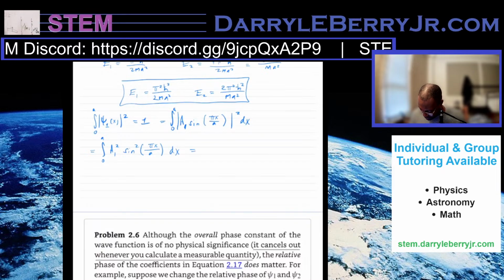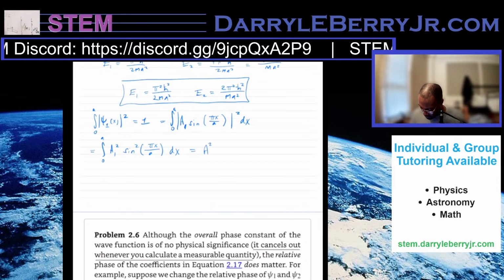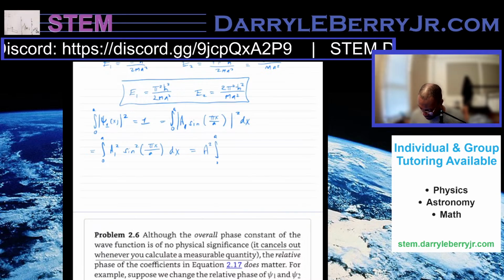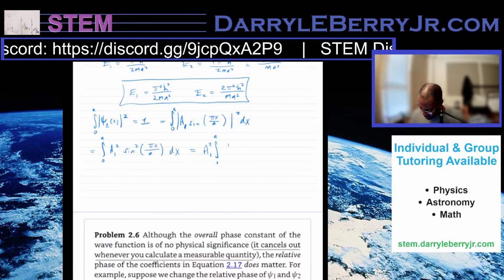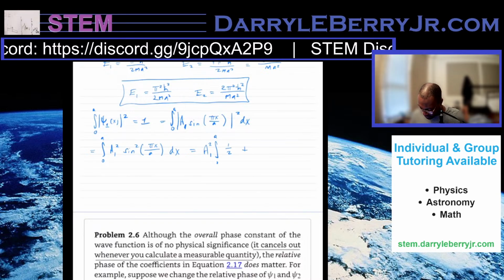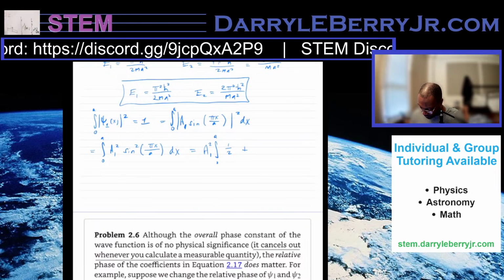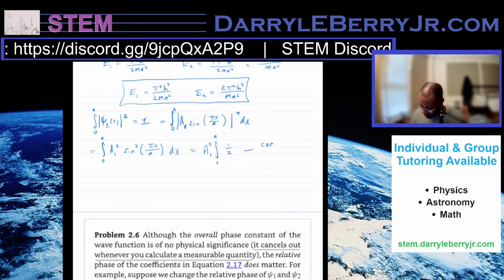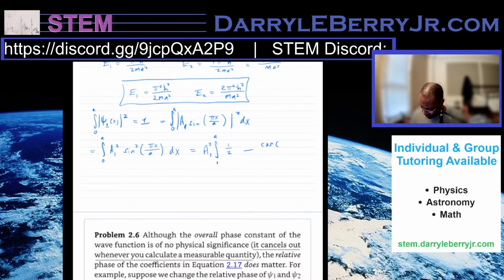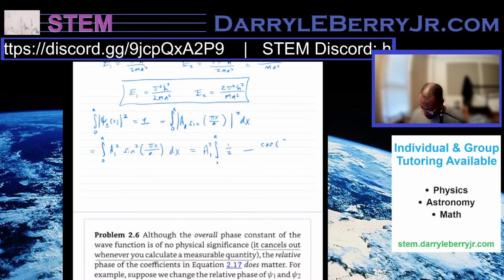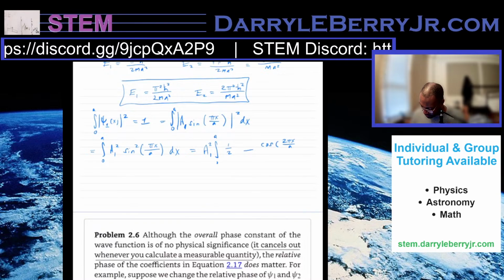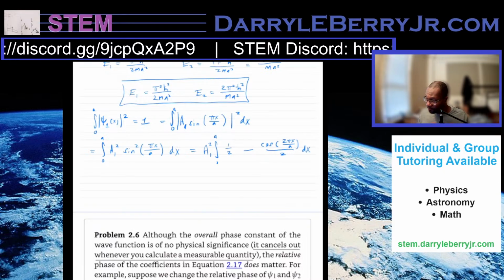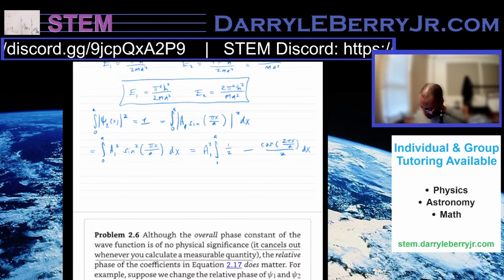So this is going to be A1 squared, integral from 0 to a, and this is going to be 1/2 minus cosine of 2 pi x over a, over 2, dx, if I'm remembering that correctly.